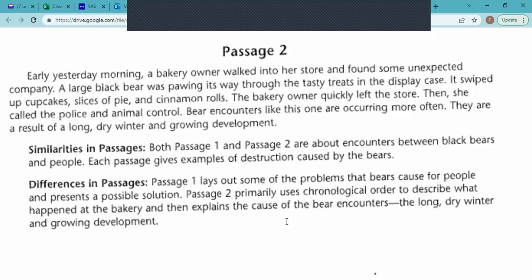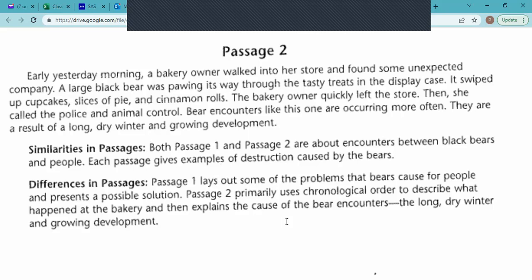Smart bear. So the bakery owner quickly left the store. Then she called the police and animal control. Bear encounters like this one are occurring more often. They are a result of long, dry winters and growing development. Go ahead and pause your screen if you want to reread this paragraph.